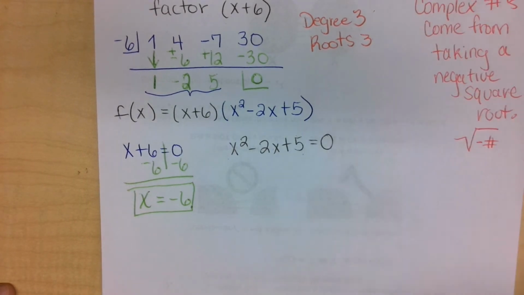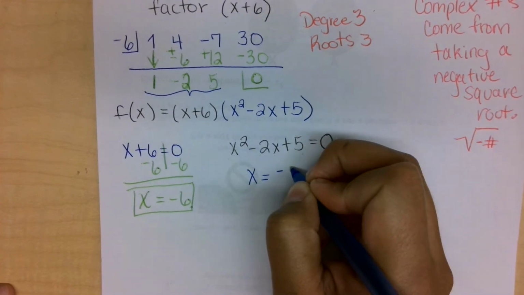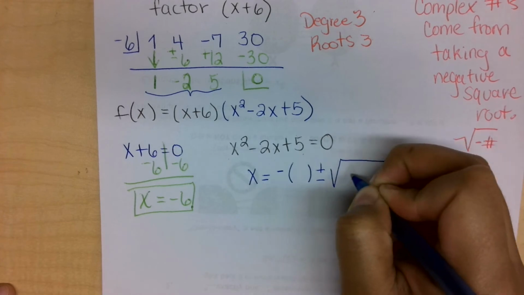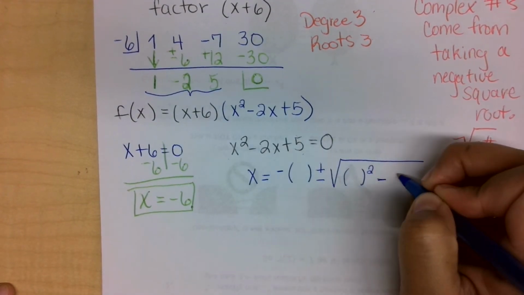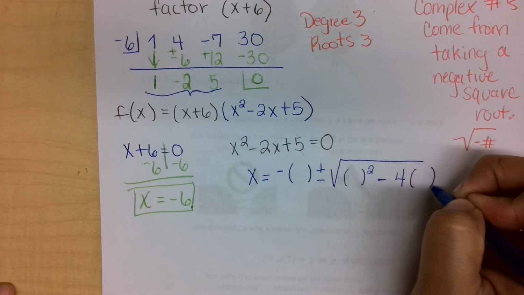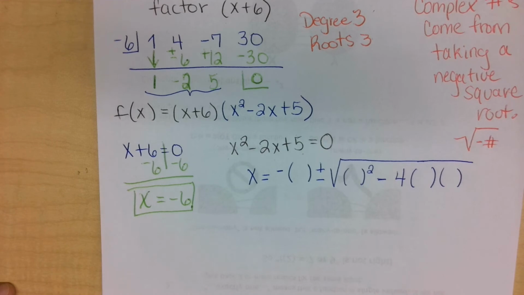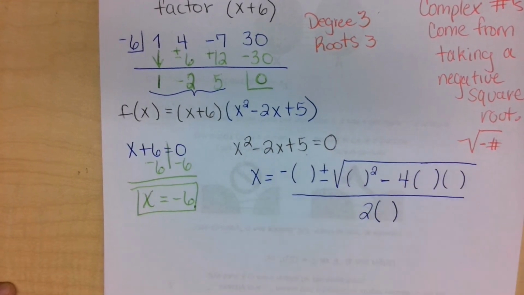So I'm going to go ahead and write my quadratic formula. X equals -b plus or minus the square root of b squared minus, make sure you don't forget the minus like I did last time, minus 4 times a times c, all divided by 2 times a.